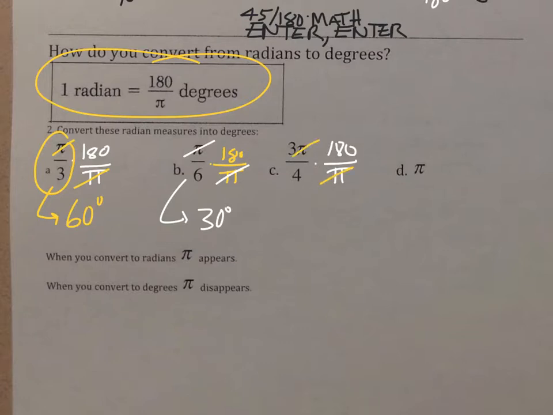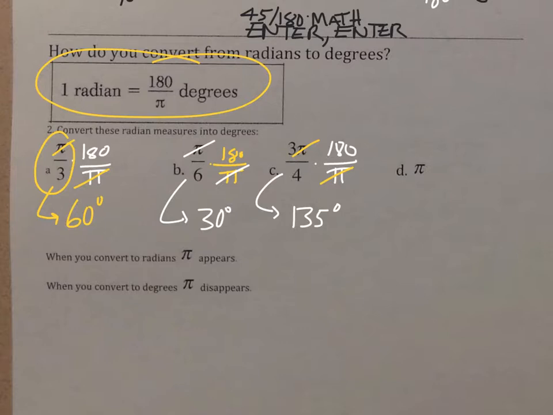So is the 3 pi just going to go? Well, just the pi gets eliminated. The 3's still there. So 3 times 180 is 540, divided by 4 is 135. That gives you 135 degrees.